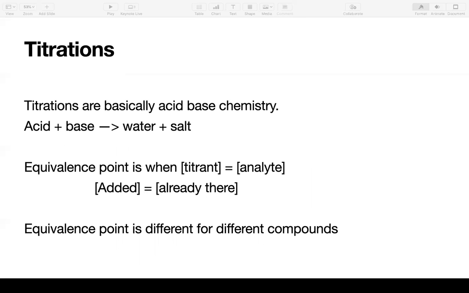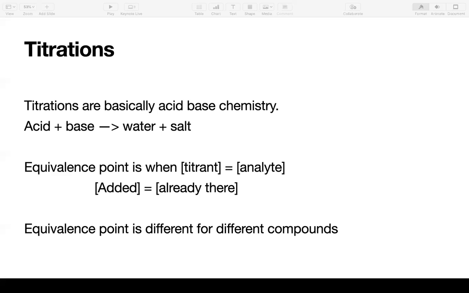And based off of what we learned in Gen Chem 1, we know that an acid plus a base will give us water and a salt. And then some other things that we need to know is the equivalence point is when the concentration of the titrant is equal to the analyte, which is basically fancy talk for what's being added is equal to what's already there.